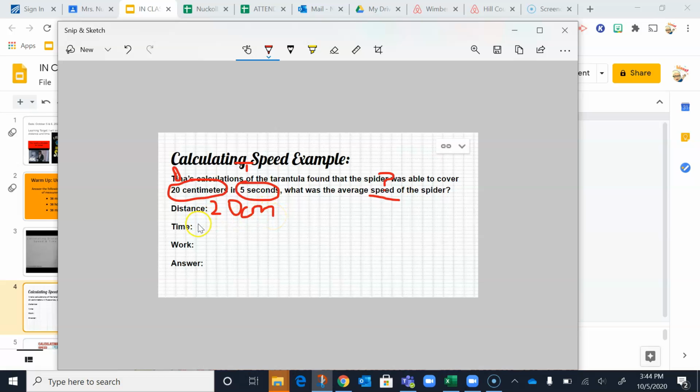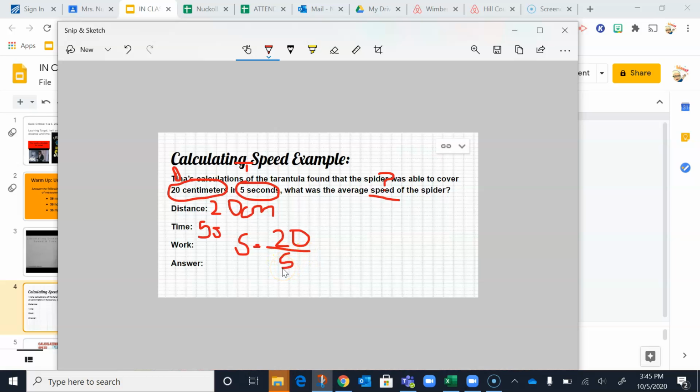The time is 5 seconds. And what work means is I'd like for you to show your work. So we're trying to figure out speed. So speed equals distance over time, right? So 20 centimeters over 5 seconds.